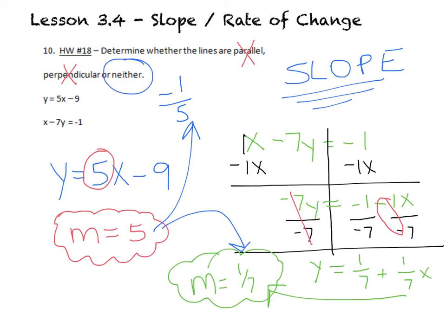So, since they're neither, if they're on a graph, I'll just erase this slope real quick. If they're on a graph, they wouldn't be parallel, they wouldn't be perpendicular, so maybe they'd look something like this.